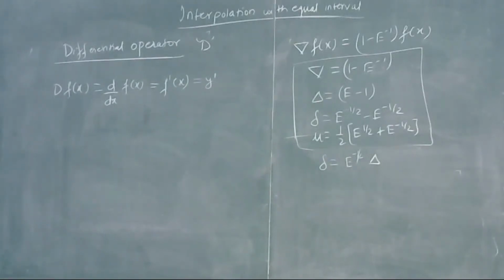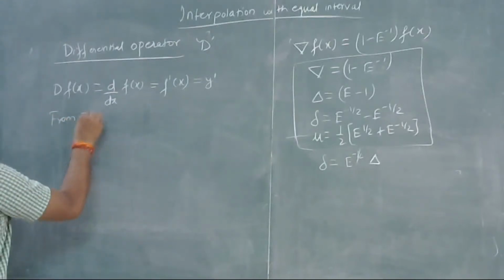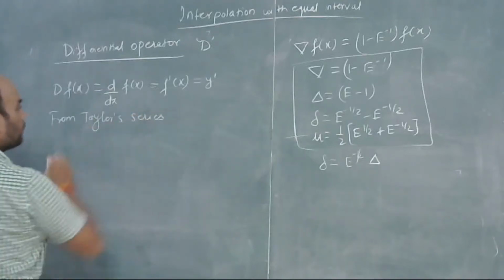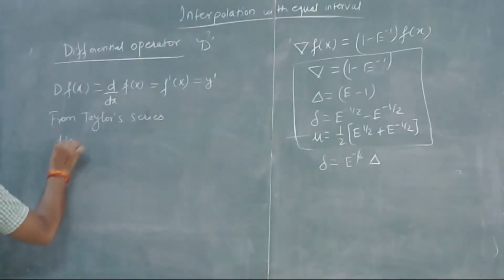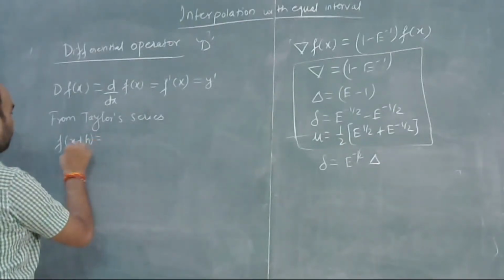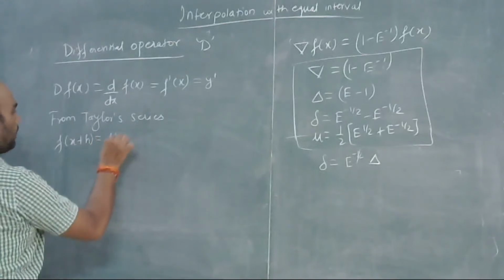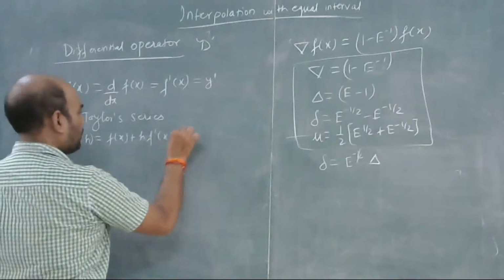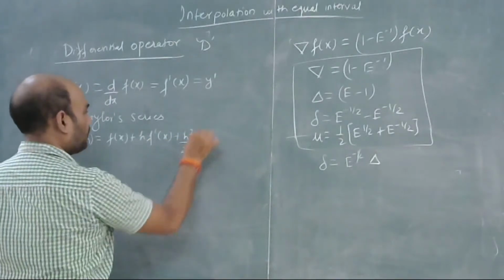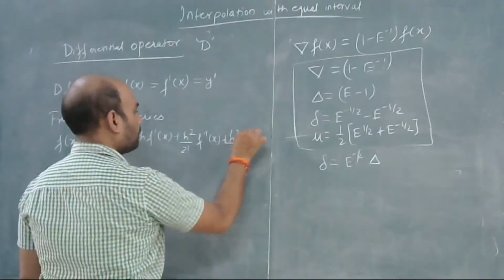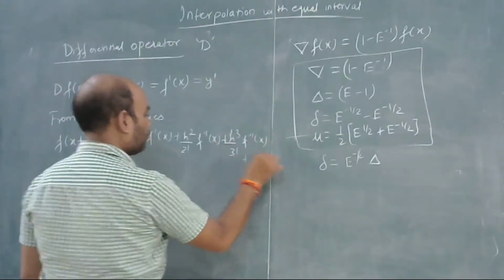So from the Taylor series, we have f(x + h) is equal to f(x) plus h f'(x) plus h squared by factorial 2 f''(x) plus h cubed by factorial 3 f'''(x) and so on.